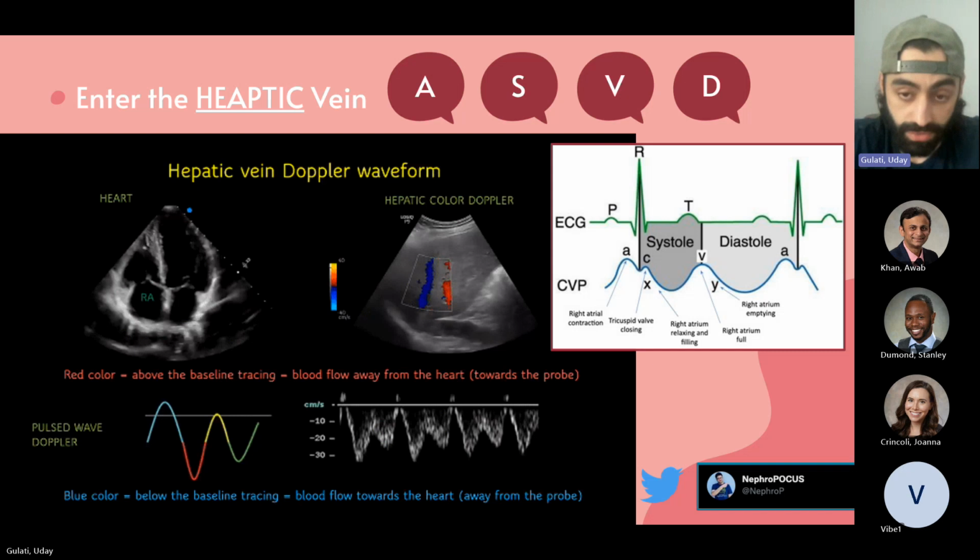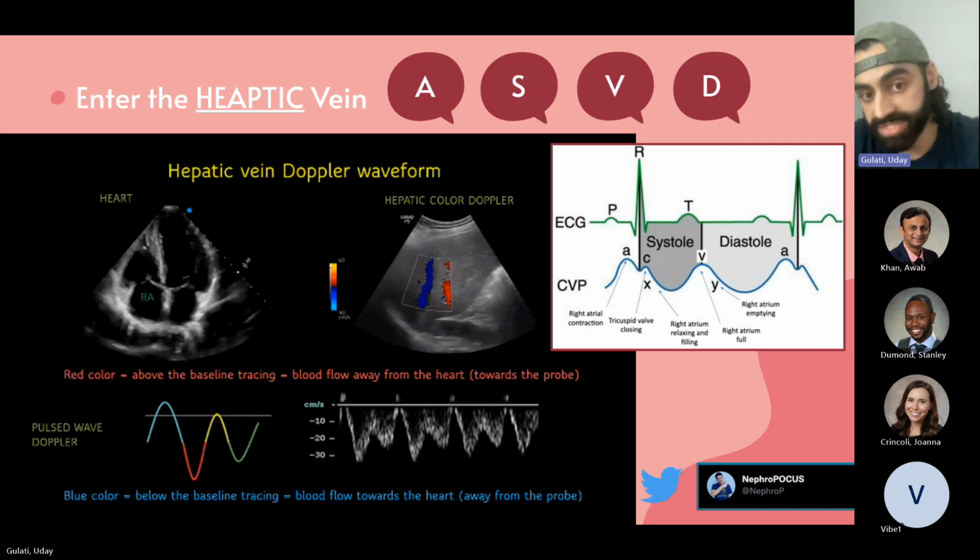If you are seeing red colored flow, meaning it goes blue, red, that tells you that there's congestion so bad that when the heart is beating, as the atrium contracts, blood also goes backwards because there's so much fluid in your superior vena cava, your inferior vena cava, and then backwards into your hepatic vein.